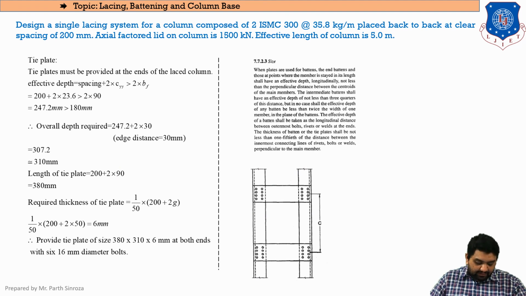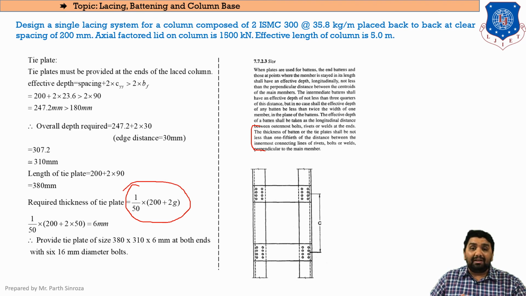And the last thing will be the required thickness of tie plate. The thickness of tie plate can be seen from the equation provided in our clause. It says that the thickness of batten or tie plate shall be not less than 1/50th of the distance between the innermost connection of rivets. Clear? So it will be 1/50th of the innermost connection of rivets.